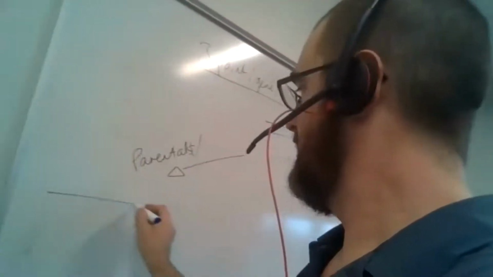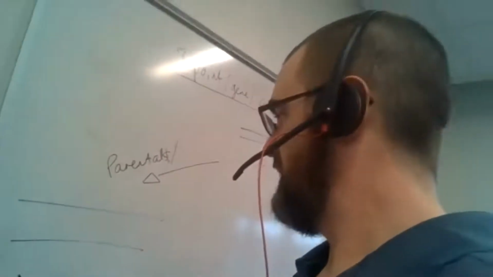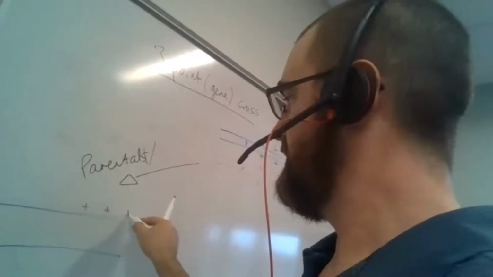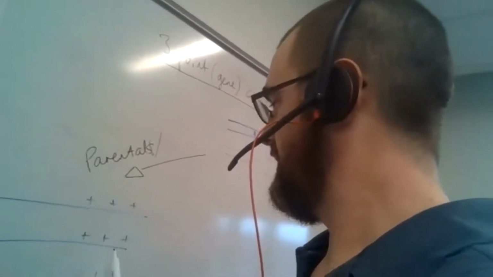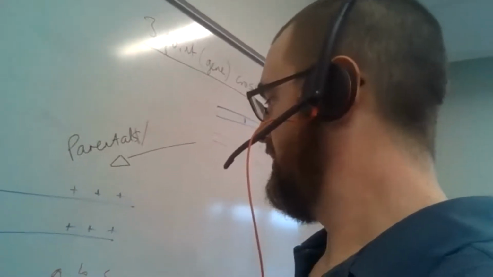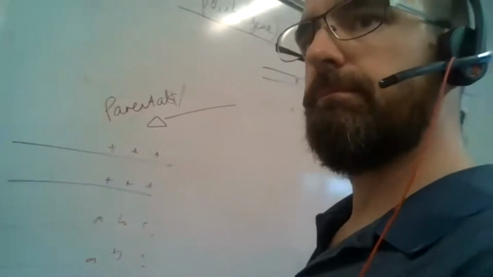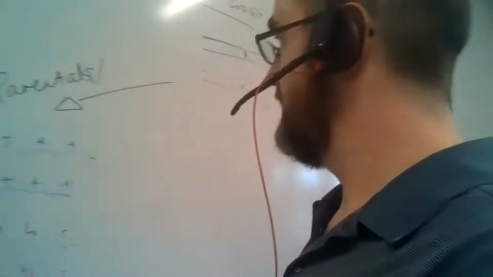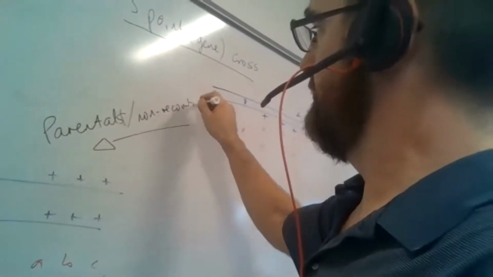So you'll get that, and that. Plus, plus, plus, plus, plus, plus. A, B, C, A, B, and C. Right? So that's parentals, non-recombinants.